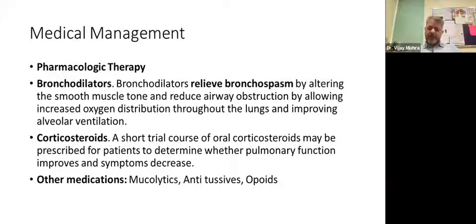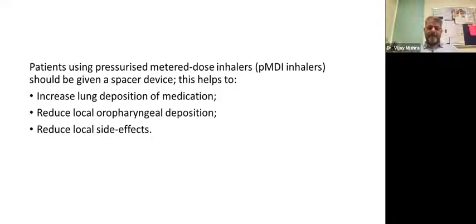So antibiotics are quite commonly used, mucolytics, antitussives, which are anti-cough. Sometimes even narcotics and opioids have been used to stop the cough. Next. As I said, bronchodilators and inhalers are the first line of therapy.